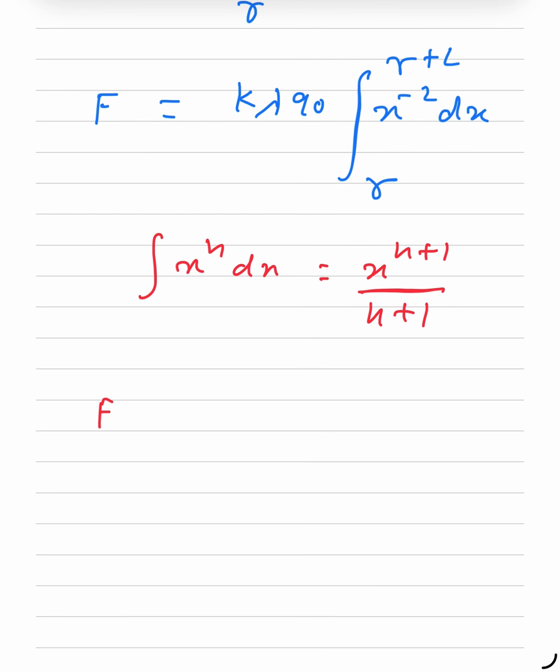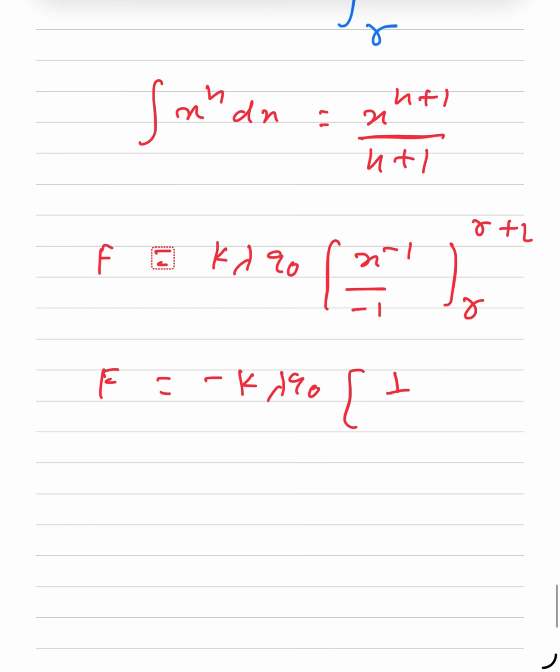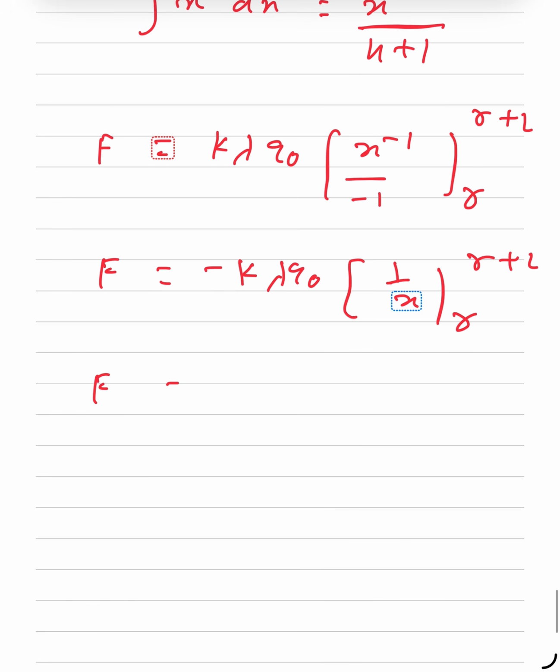From this formula, the Coulomb force is k lambda q naught times x power minus 1 divided by minus 1, limit from r to r plus L. In this situation F equals minus k lambda q naught times 1 by x, with limits r and r plus L, and using the limits, F equals minus k lambda q naught times 1 by r plus L minus 1 by r.